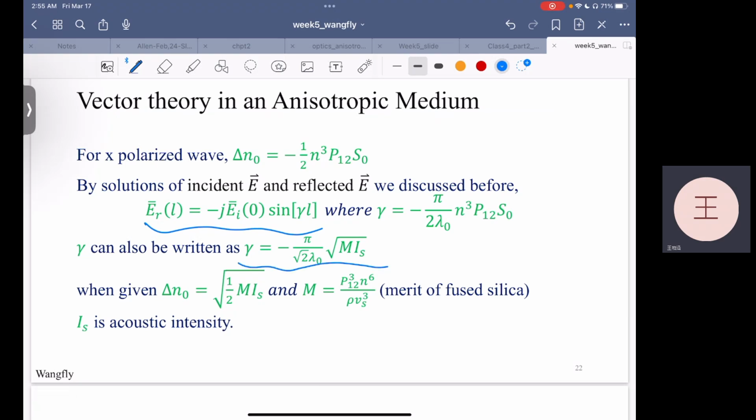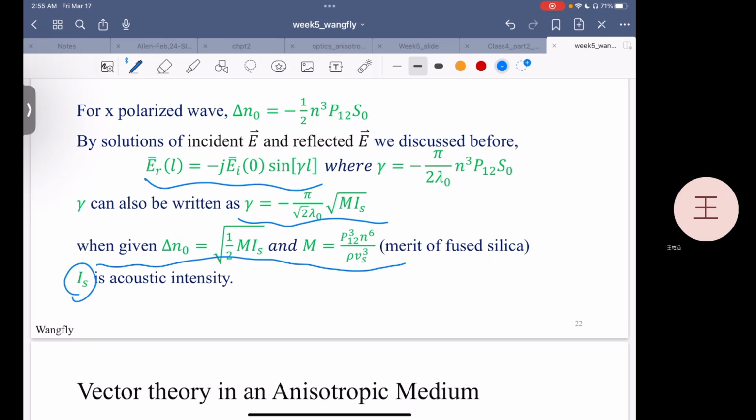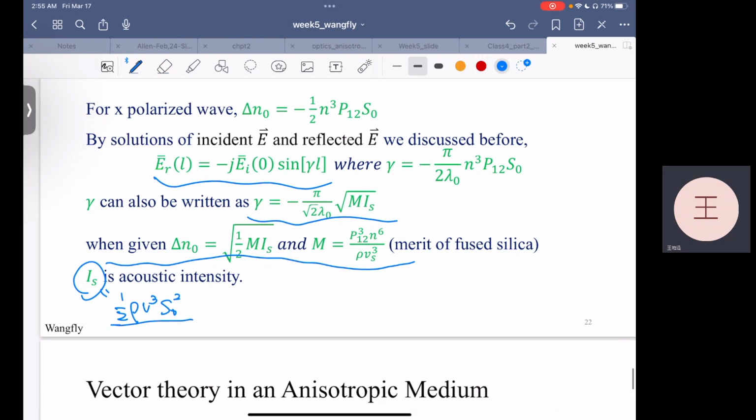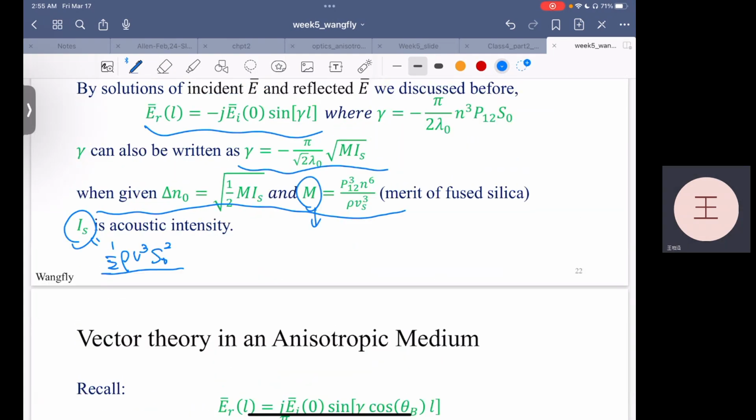And just to reiterate, and also the merit of fused silica, these are all what we defined during the acoustic wave, and we have just shown that this is equal to this, where s is this. Yeah, this is what we get. And this is dependent on your material, because this is the density of your material.